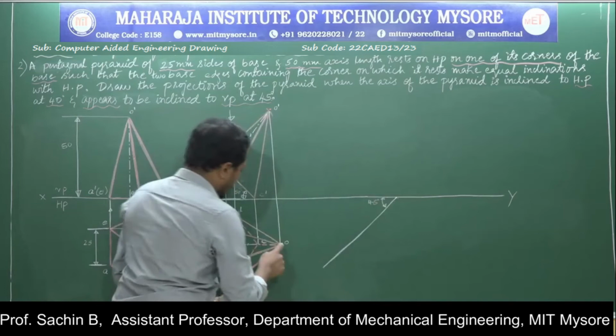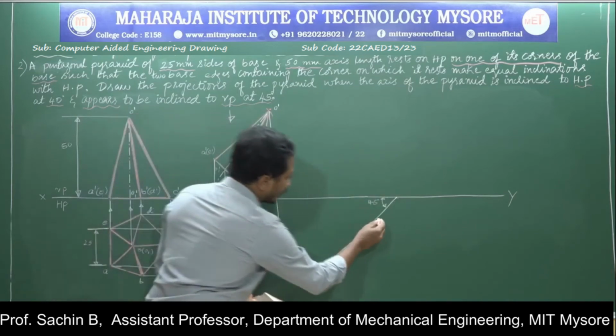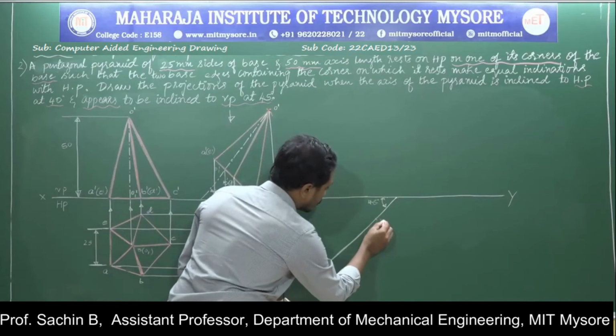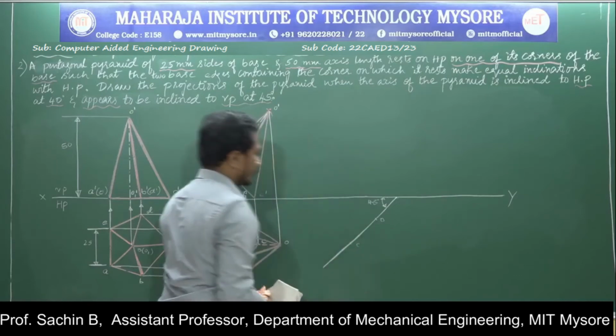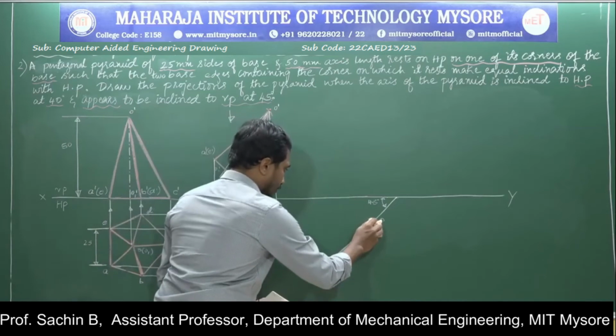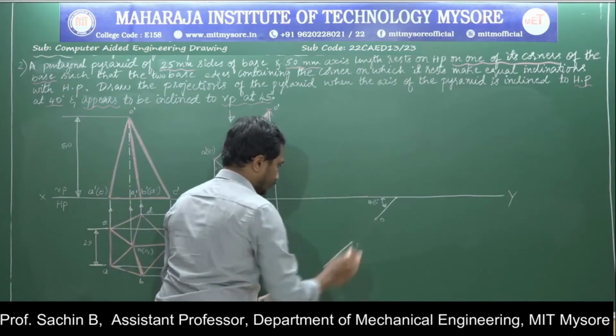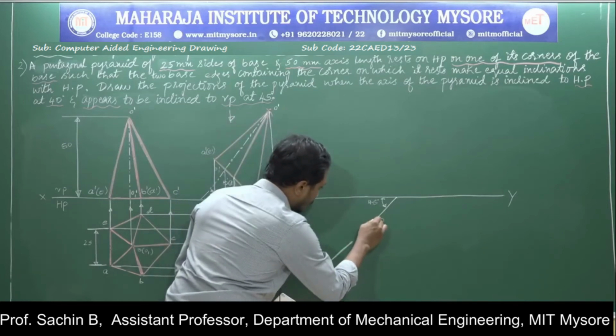Next, I will measure from O to C first. I will measure it from O to C. Here we have mentioned that O to C is the slant edge, a hidden edge line.